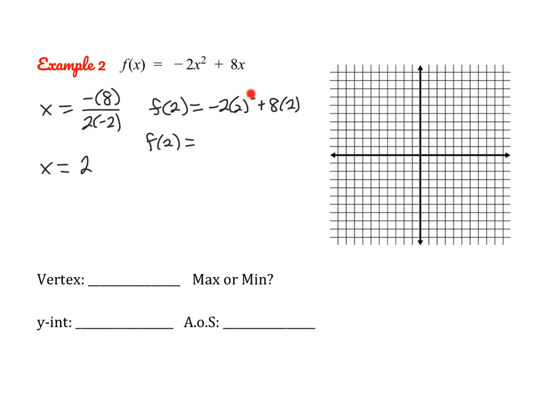So in the correct order, we do 2 squared, which is 4, and then we multiply it by negative 2, so it becomes negative 8. So f of 2 is positive 8, which means our vertex is 2, 8. Let's start by graphing that point. 2, 8 is right here.